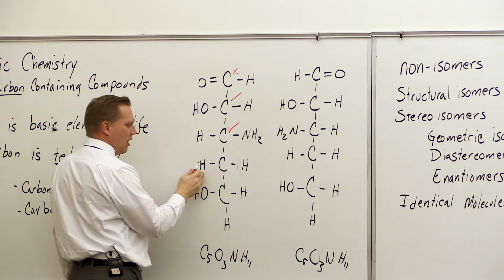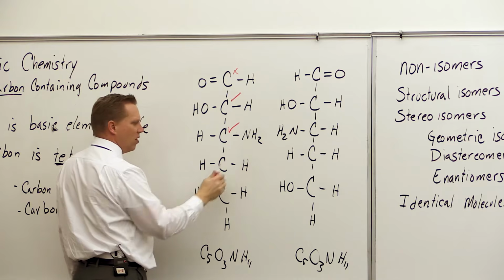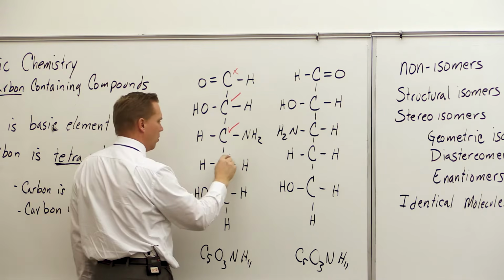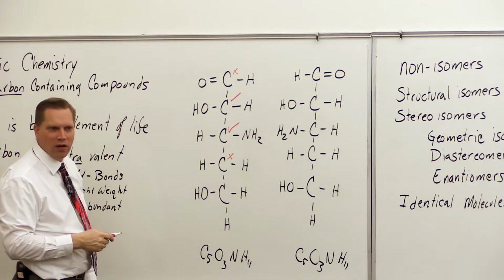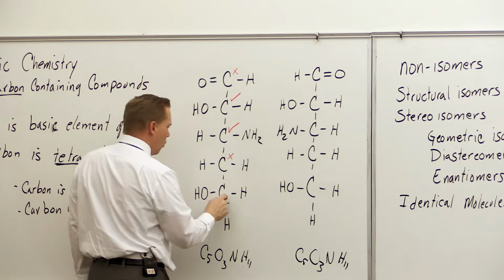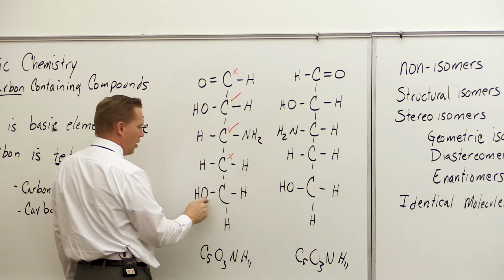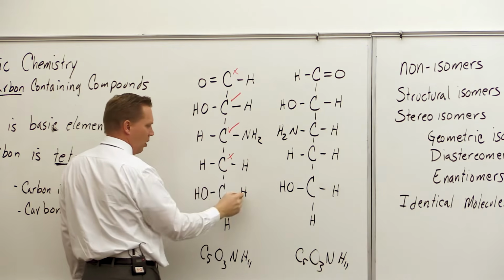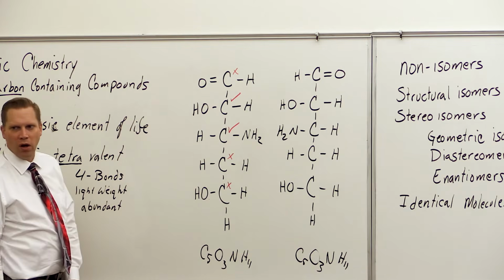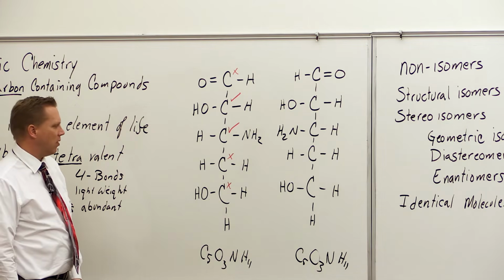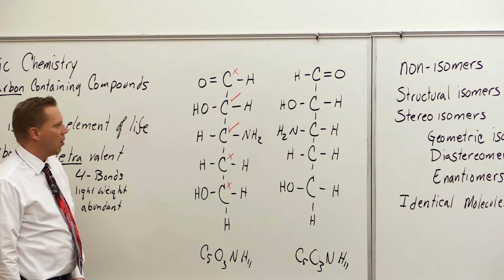Right here, immediately I look, oh, 2 hydrogens. Those are the same. That one's not. I don't even look at the other groups because I've got 2 that are already the same. Right here, I've got an OH, I've got this big thing right here. Oh, there's 2 hydrogens right there, so that's not asymmetric as well.